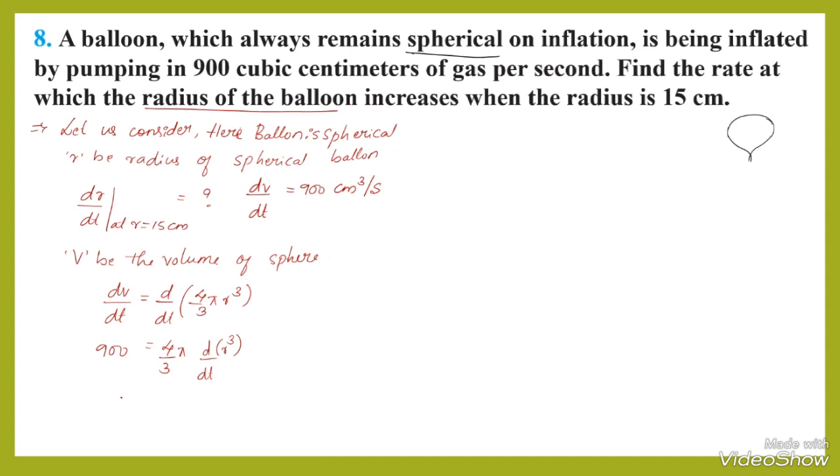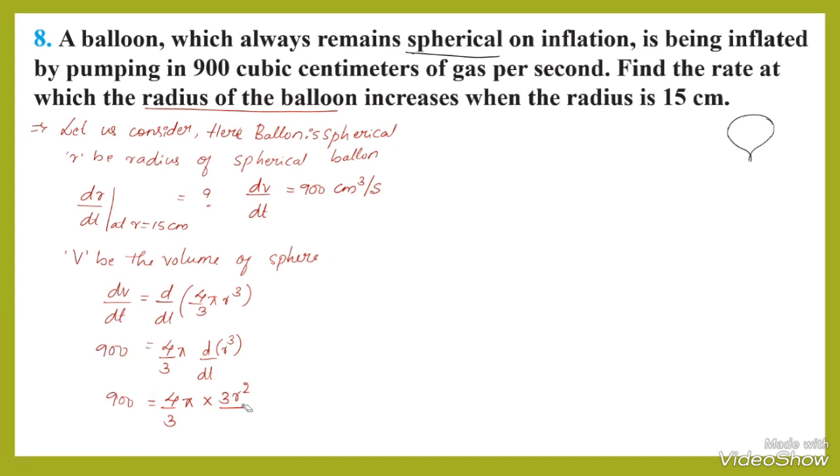That is 900 is equal to 4 by 3 pi times the differentiation of r cube, which becomes 3r square.